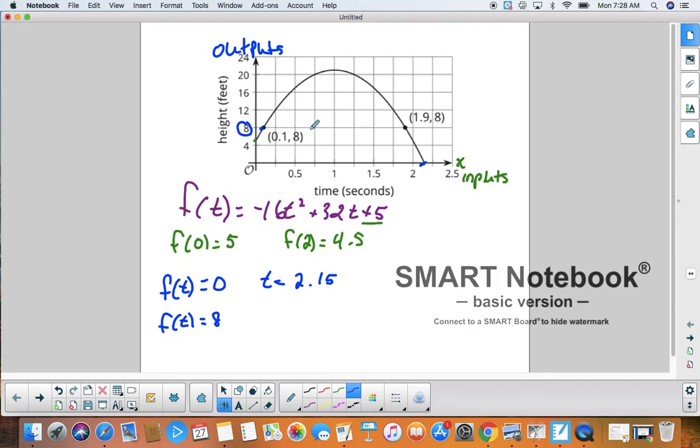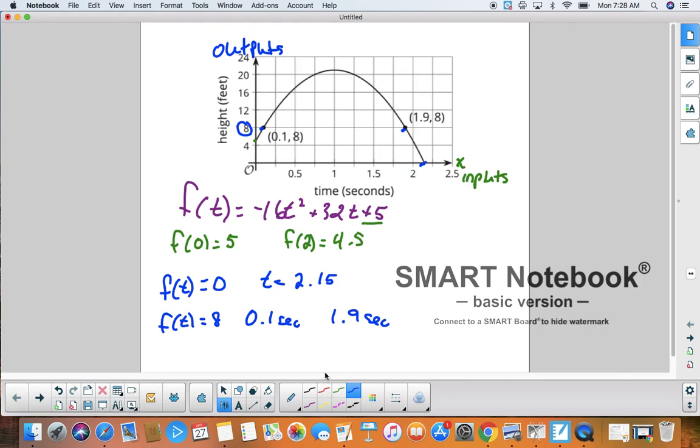And if I travel this 8 line all the way across, the parabola hits it again here. So there are actually 2 times when this ball is 8 feet above the ground. One of those times is at 0.1 seconds when the ball is on its way up. And then the other time is at 1.9 seconds when the ball is on its way back down to the ground.